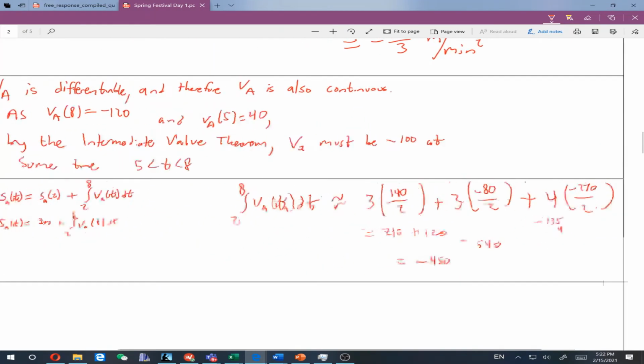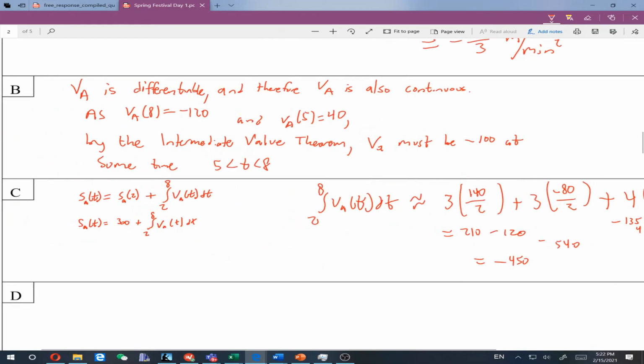Alright, so I've got to go back and substitute then, since this is the integral from 2 to 8.